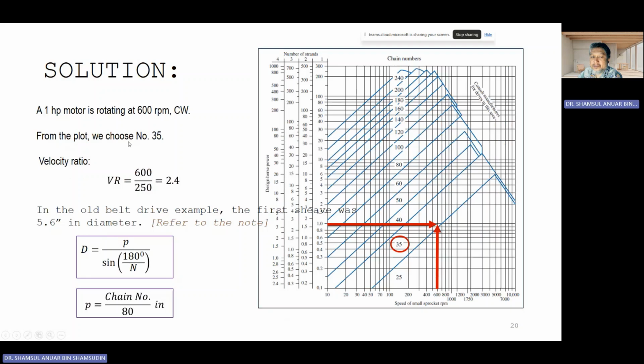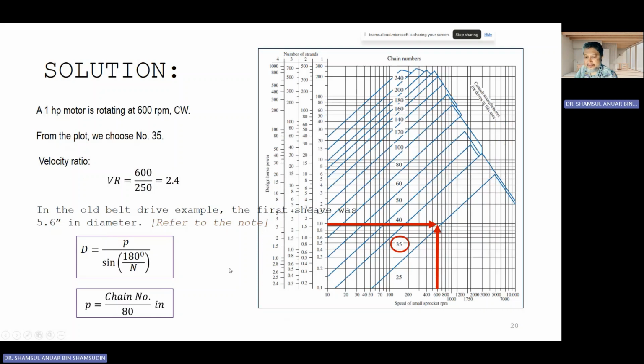35 is the chain number. And then you can find the velocity ratio as well as the diameter.